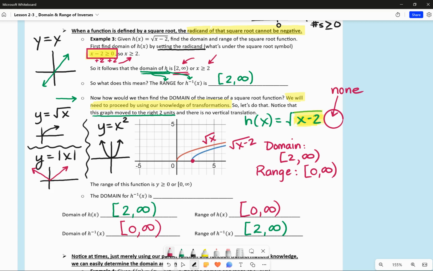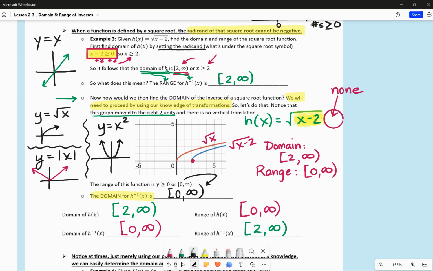So transformations can help so much when one of your problems ends up being one of these 5 main parent functions that we are focusing on in algebra and in pre-calc. Okay, so the domain of h inverse of x, if you want to fill out this piece right here, is 0 to infinity. Okay, because it has to reverse.